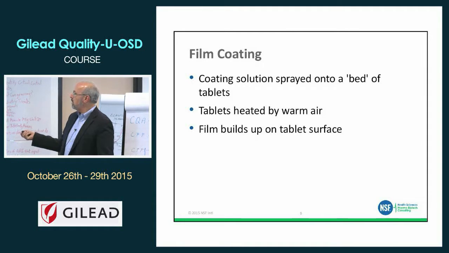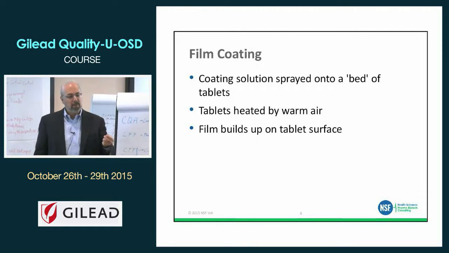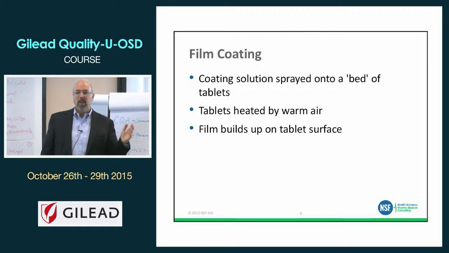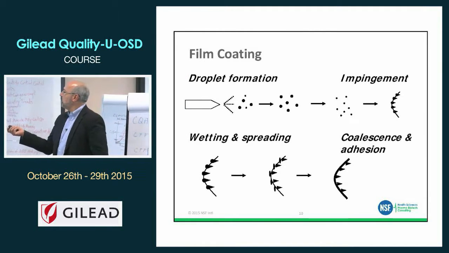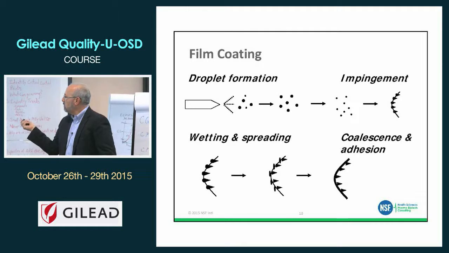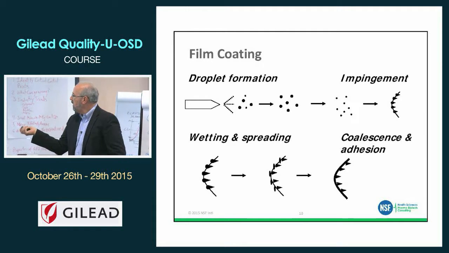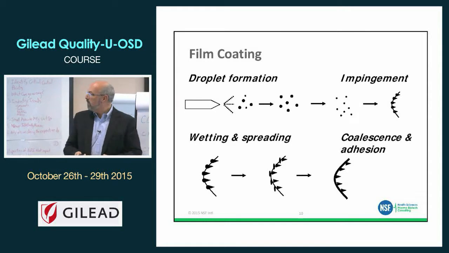And we build up the layer of the film on the tablet surface by spraying and drying very rapidly. So this outlines what I was talking about before, where we form droplets, the droplets impinge, they start to spread and wet, and finally you end up with a cohesive coating.